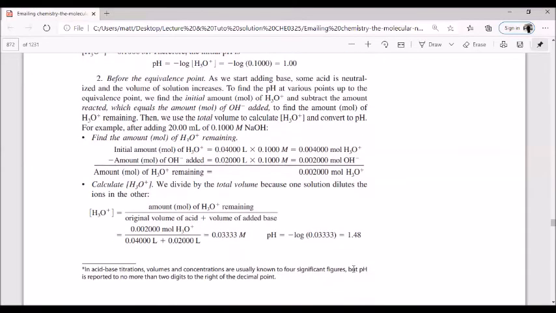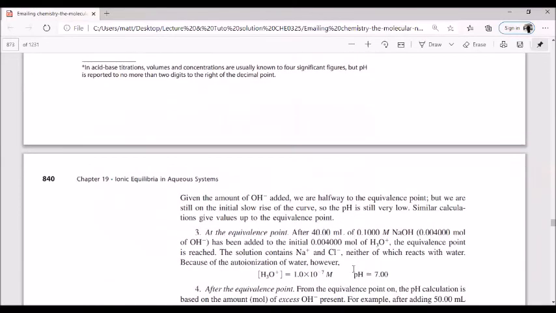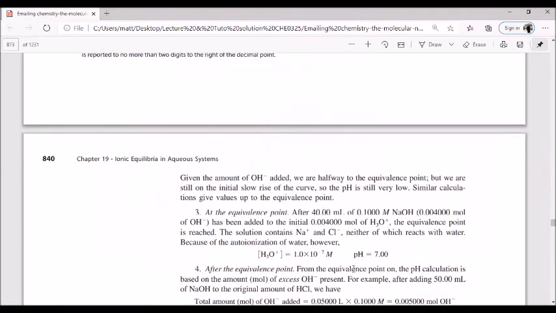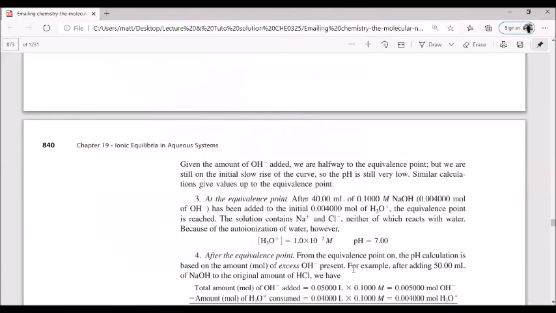All right. Continue. At the equivalence point, 40 ml of 0.1 molar sodium hydroxide has been added to the 40 ml of 0.1 molar hydrochloric acid.